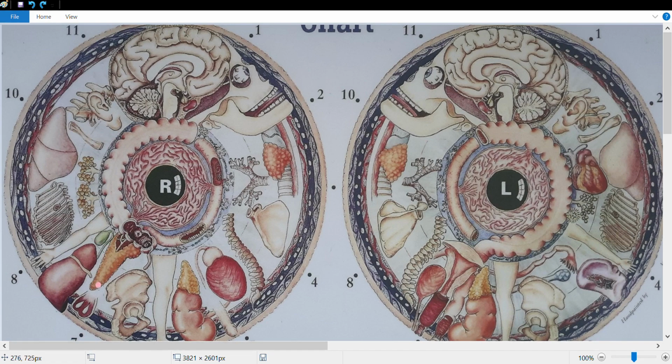This is the pancreas. You're not going to see the pancreas in the left iris. And we will always find the thigh, knee, and foot right at the 6 o'clock line. And then medial to that, medial meaning toward the midline of the body.